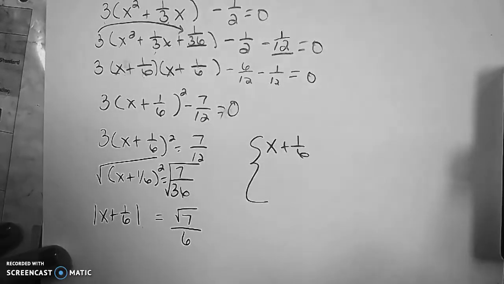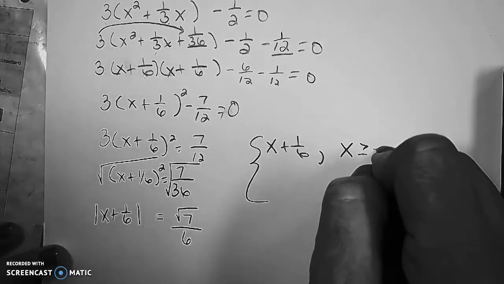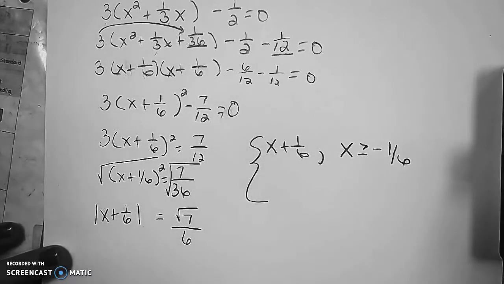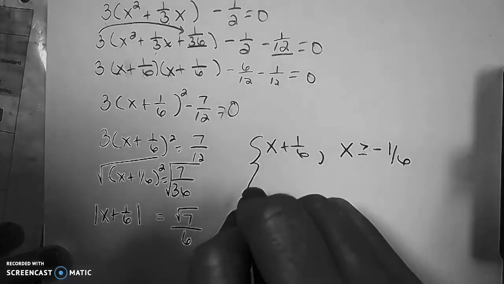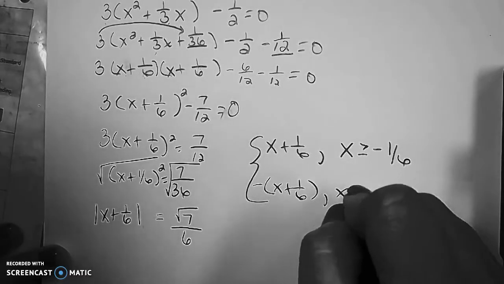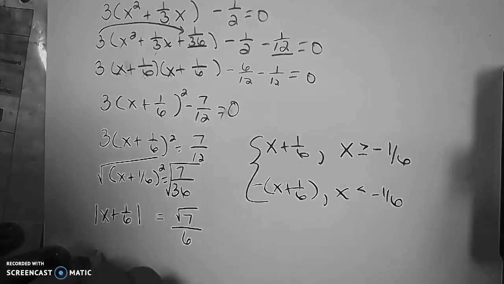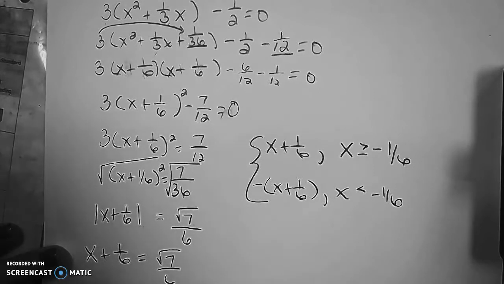My first equation will use x plus 1/6, and that's going to be if x is greater than or equal to negative 1/6. As a reminder, negative 1/6 is your axis of symmetry. I take the opposite of that statement, and that's going to be if x is less than negative 1/6. So x plus 1/6 equals root 7/6, so x will equal negative 1/6 plus root 7/6.